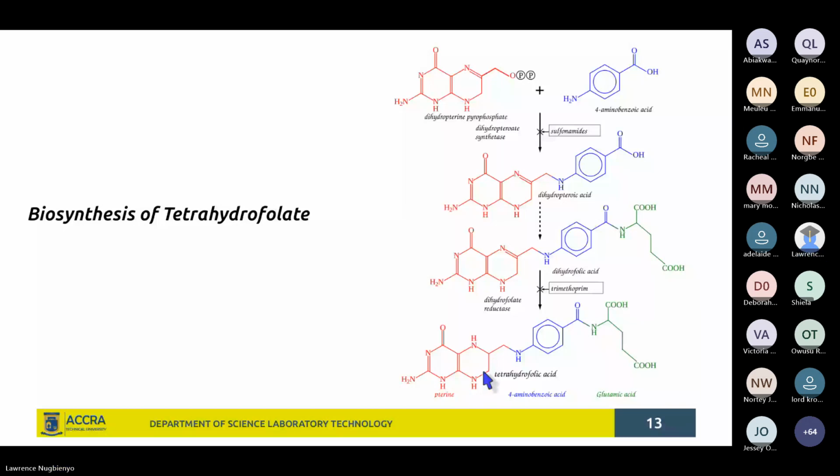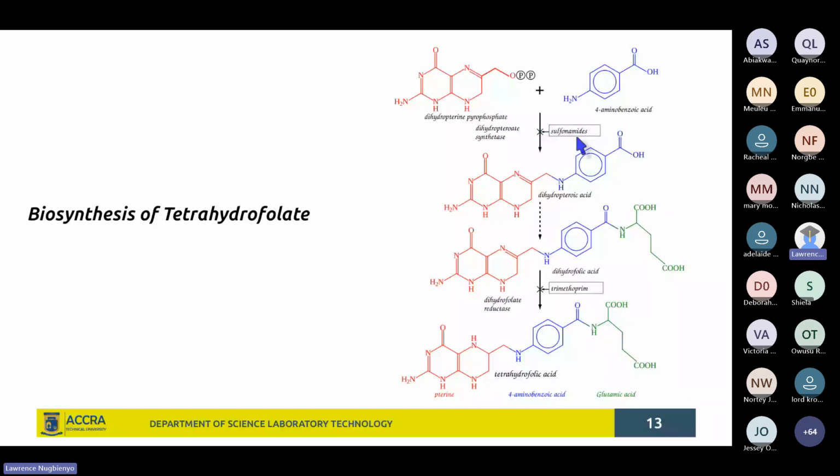But there are some small notes that I want to bring your attention to. For instance, look at this. The very first arrow, where you have the reactants, the para-aminobenzoic acid and dihydropterin pyrophosphate reacting, going to the next, you see on that arrow there is a cross, and beside it is written sulfonamides.